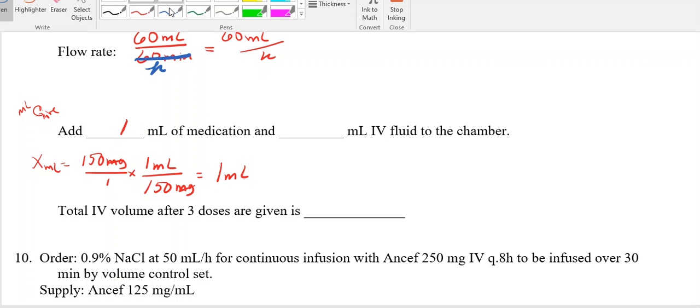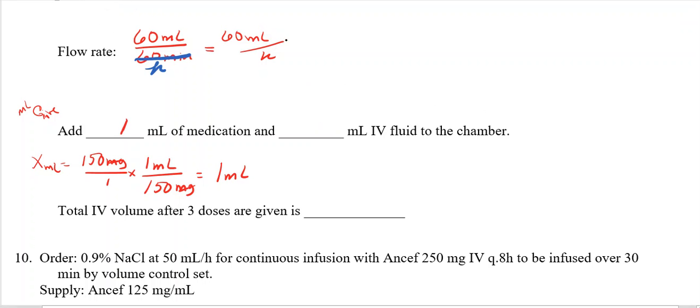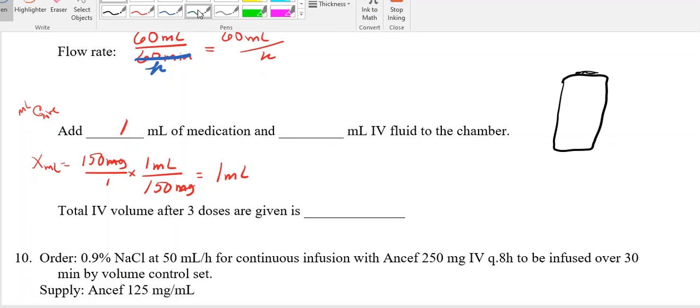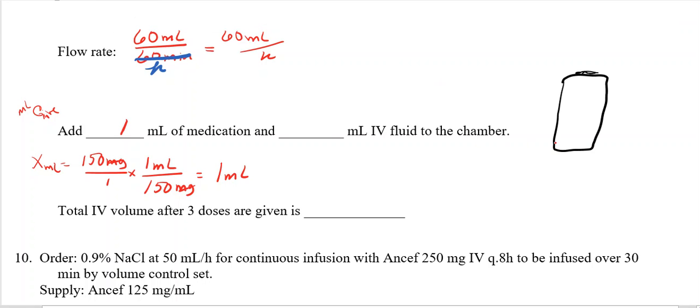Now, if I want to know how much IV fluid I'm going to add, think about it: we're adding it to a chamber, and I'm not the best artist. So this is my chamber. I'm adding 1 milliliter of medication, roughly that much.